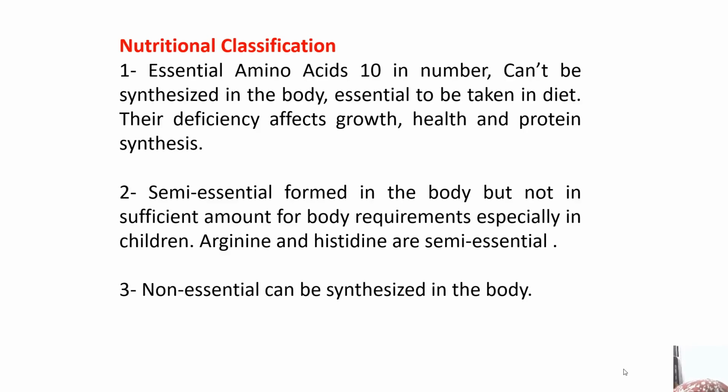whereas non-essential amino acids are synthesized in the body, so they don't have to be supplied from food under normal conditions. For example, alanine, aspartic acid, glutamic acid, all of these.